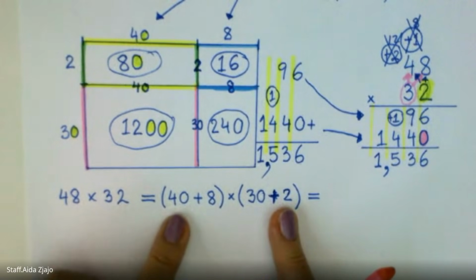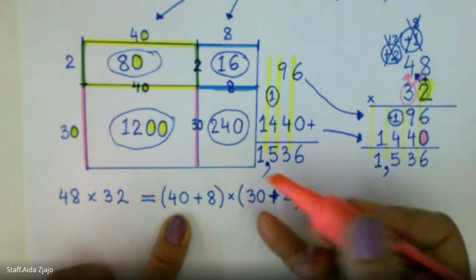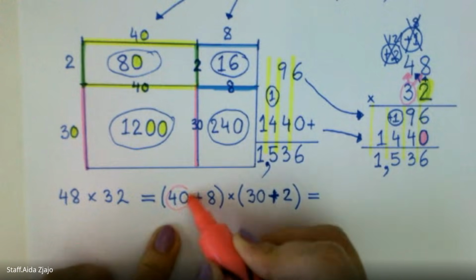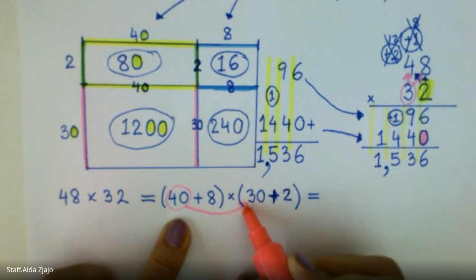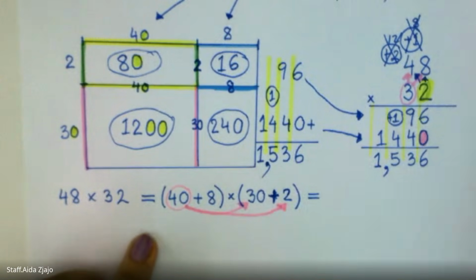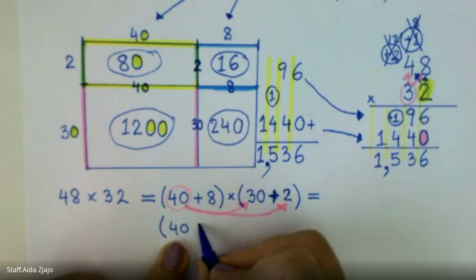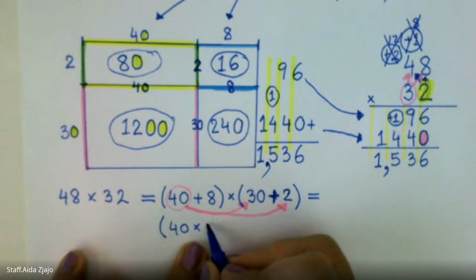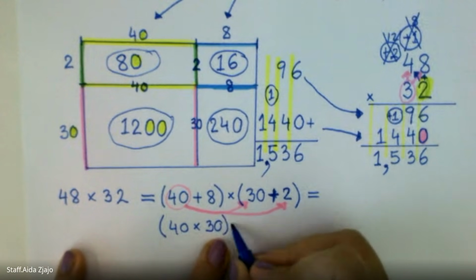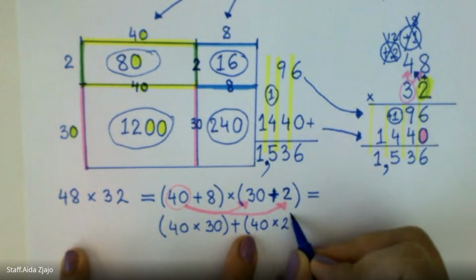So if this was my 40, I'm going to do 40 times 30 and then 40 times 2. So I'm going to say, all right, 40 times 30 plus 40 times 2.